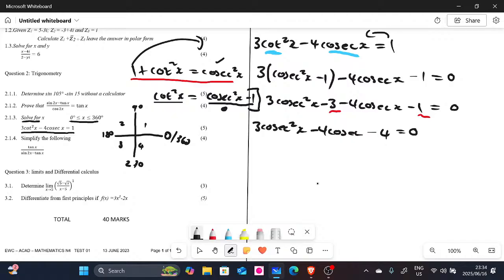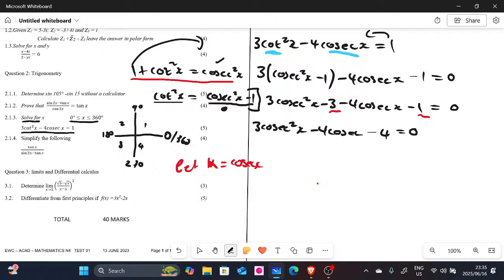Now we have to factorize this again, people. Just like yesterday, you can use the k method. You can say let k equal cosec x.